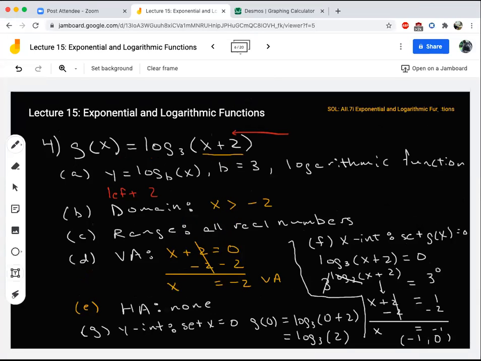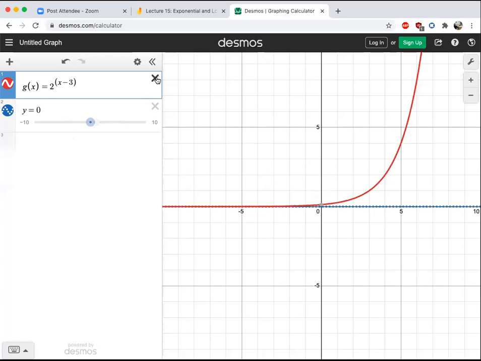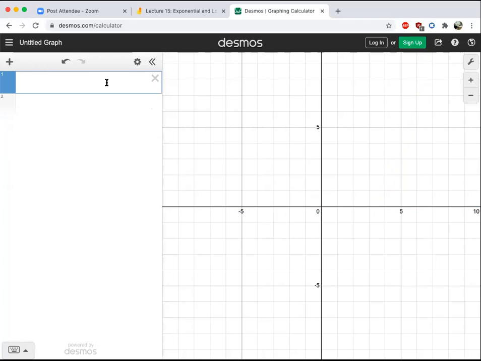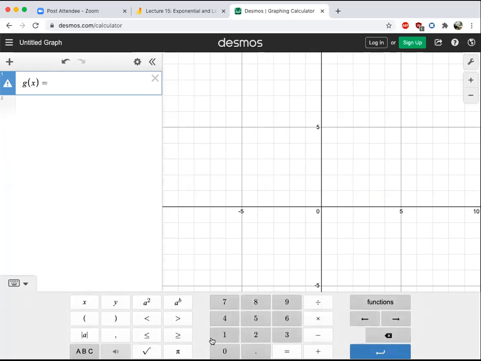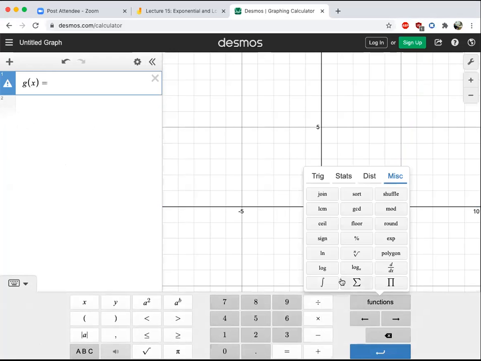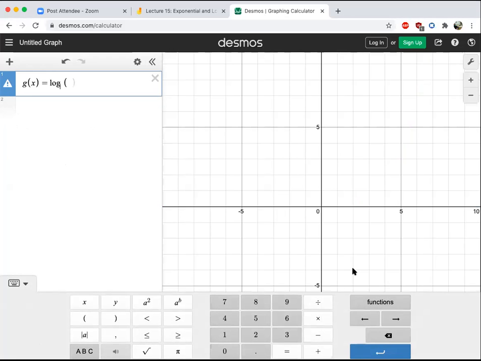Okay. So our logarithm is g of x is equal to log base 3 of x plus 2.